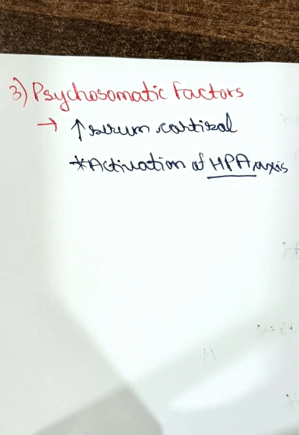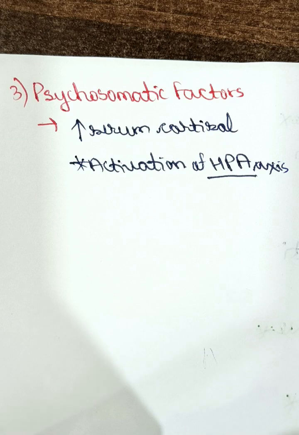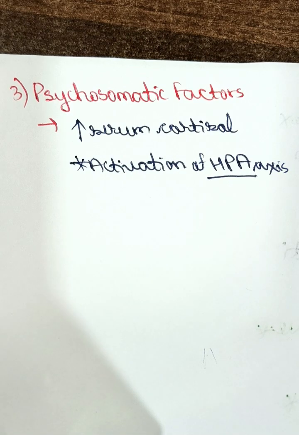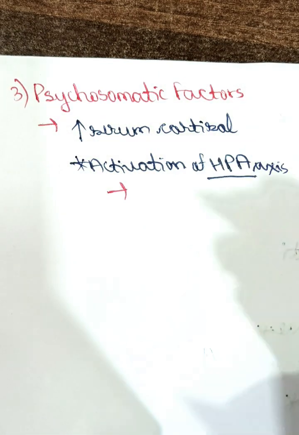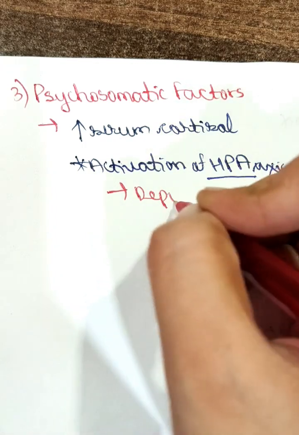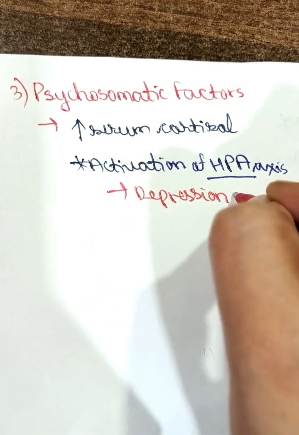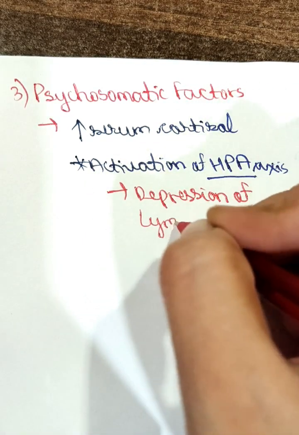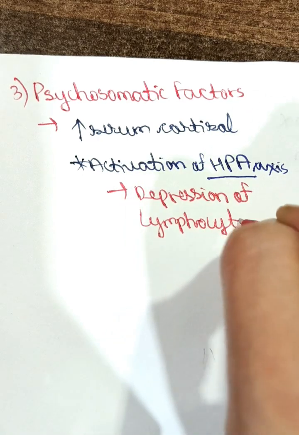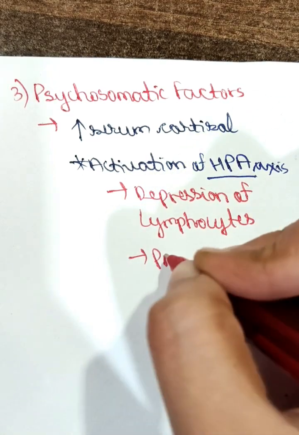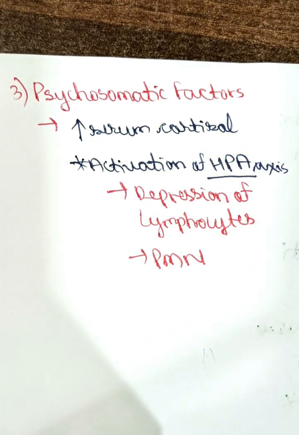What is the HPA axis? It is the hypothalamic pituitary adrenal axis. Now, when the HPA axis is activated, it leads to depression of lymphocytes and the PMNs, that is the polymorphonuclear leukocytes.